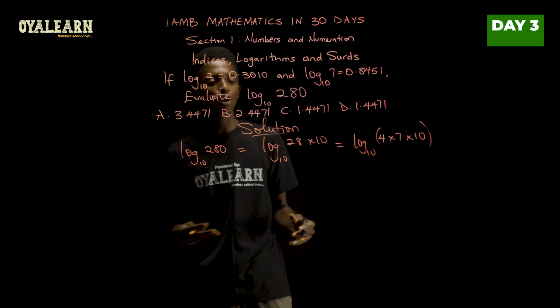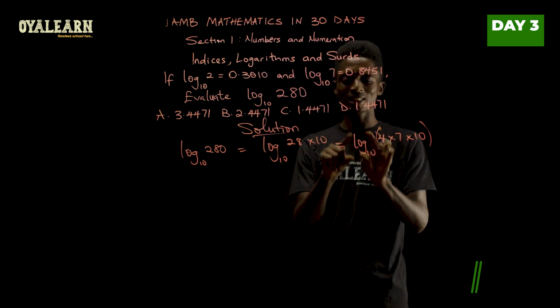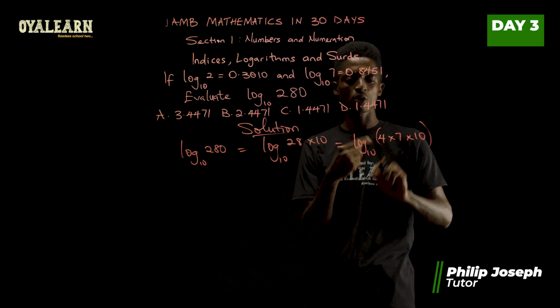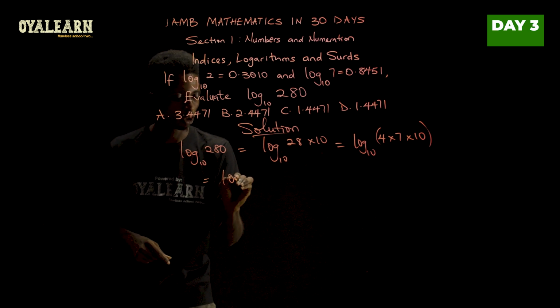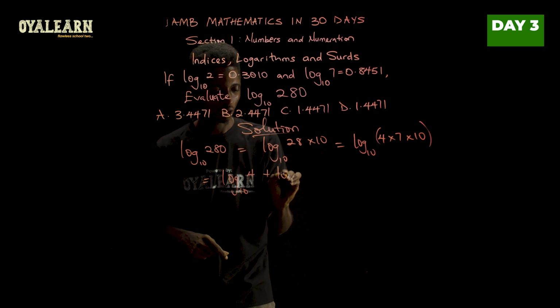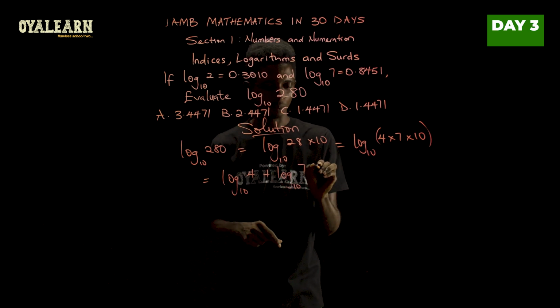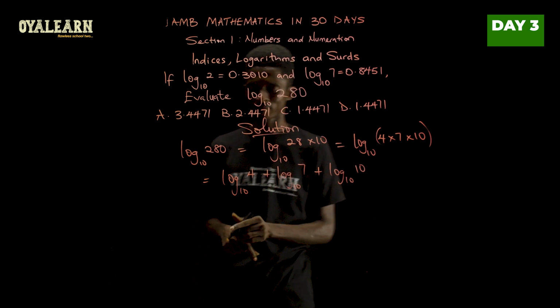Now, as part of the laws of logarithm, whenever you have something like this, you can rewrite it as the log of the same base of 4 plus that of 7 plus that of 10. So we would have log to base 10 of 4 plus log to base 10 of 7 plus log to base 10 of 10.